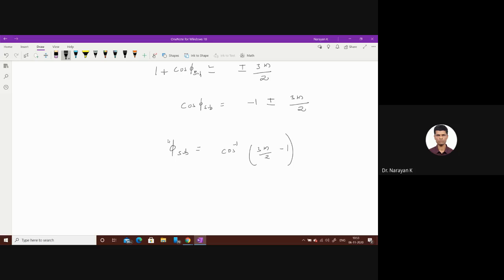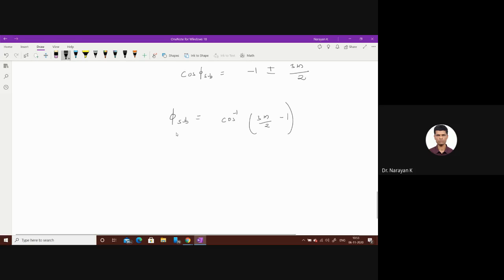Substitute m is equal to 1. So you will have cos inverse of 3 by 2 minus 1. So this will be cos inverse of half. How much will that be? 60 degrees.